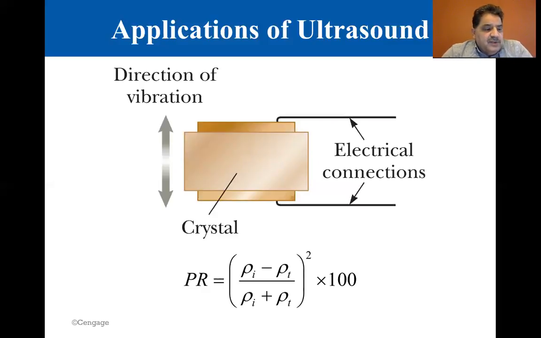For this equation, we assume that the direction of the incident sound wave is perpendicular to the boundary and that the speed of sound is approximately the same in the two materials, which is pretty true for the human body. If it doesn't strike the material perpendicular, it'll just be scattered away from the transducer.